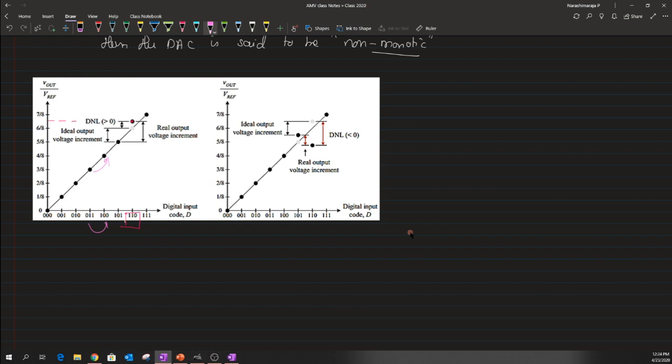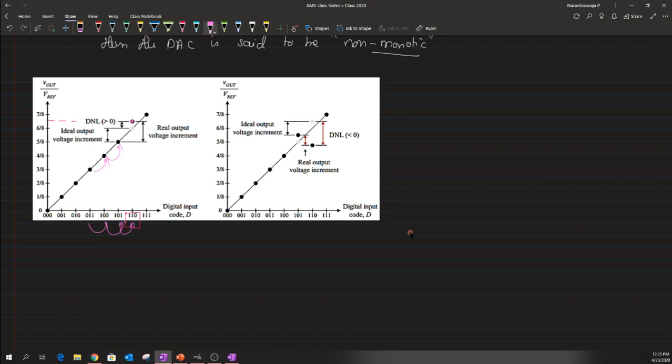Even when I switch the inputs from 100 to 101, there is again an increment in the output value, and even where I have a DNL error at 6, that is 110, whenever I switch from the previous value of 5, that is 101, to 110, there is still an increment in the output value.